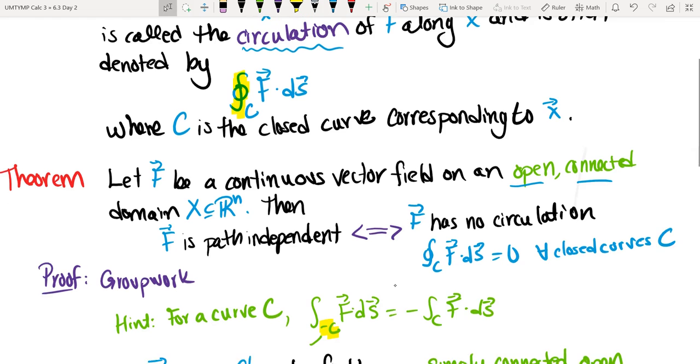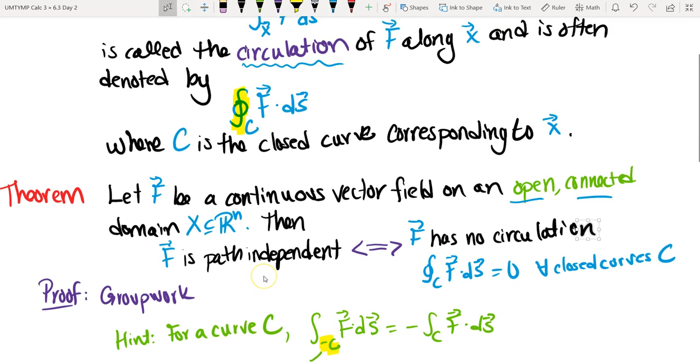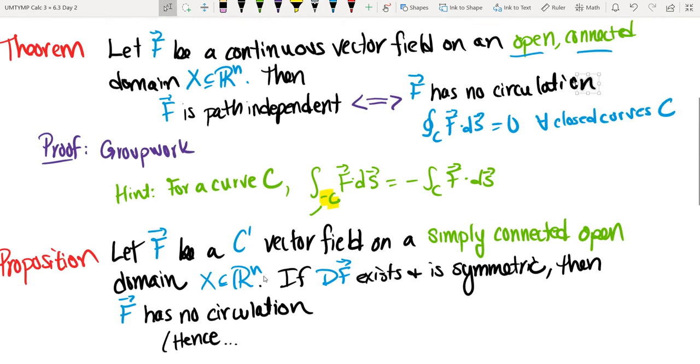So path independence and no circulation are the same idea. We have path independence, same as no circulation, same as conservative. What about this derivative matrix? My proposition, and I'm saying proposition because I'm not proving it to you, is that if we have a C1 vector field on a simply connected open domain, and the derivative matrix exists and is symmetric, so Df symmetric, then f has no circulation.